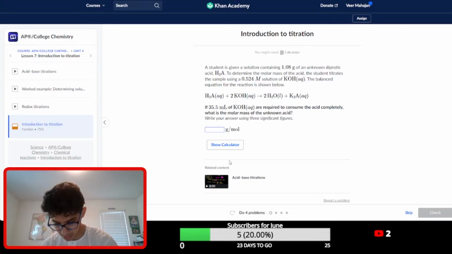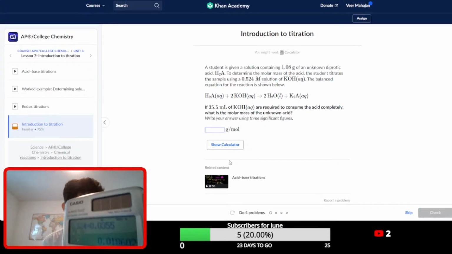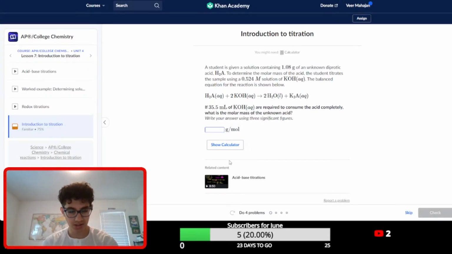I made a typo here. 0.524 times 0.0355. So we've got that now as this number here. I'll just read it off: 0.018602. That's the number of moles there are. Now we can divide that by 2 to get the number of moles of the unknown acid.